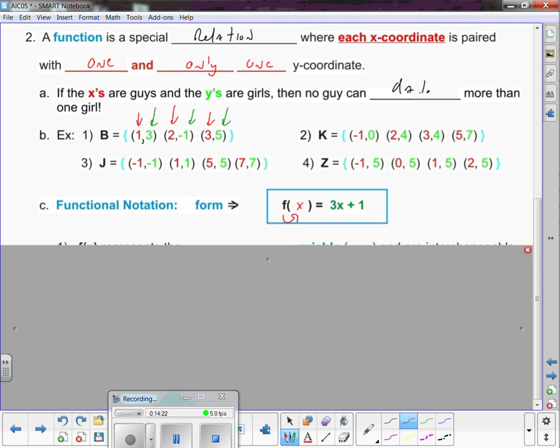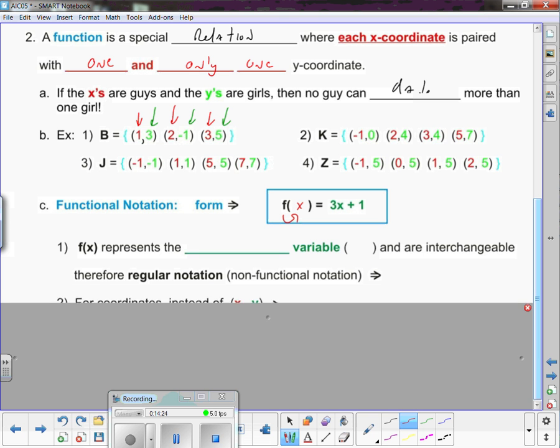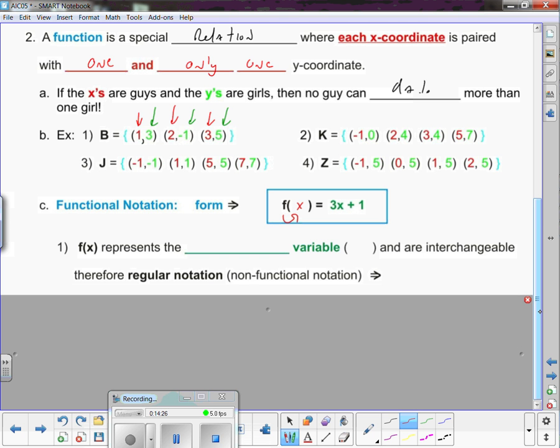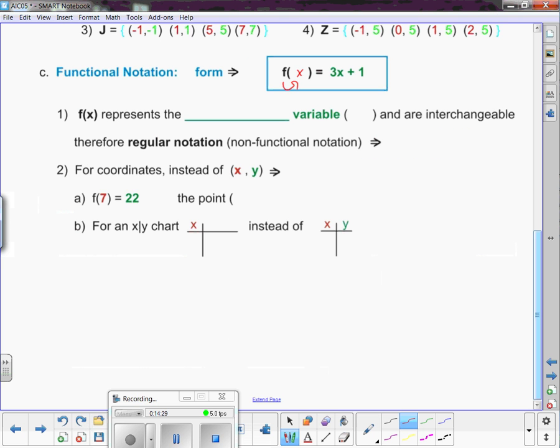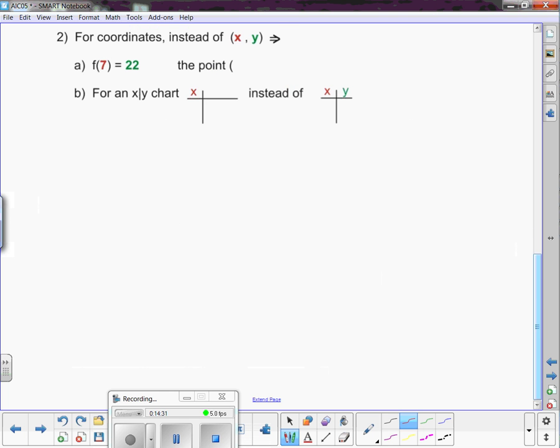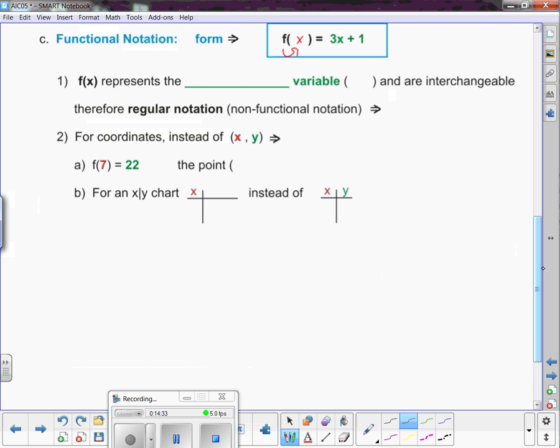But here's how simple this is. So f of x represents the dependent variable. Okay, so we have x's and y's, correct?